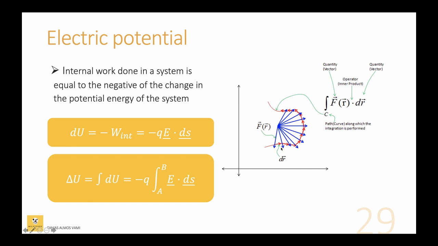And so what we do is that we look at the value of this electric field in our specific case, or F(r) in the general case, at the middle of this line element. These are both vectors, right?